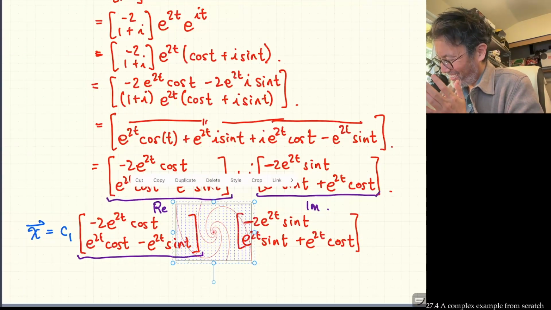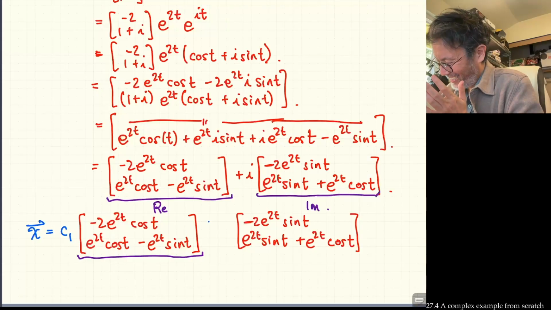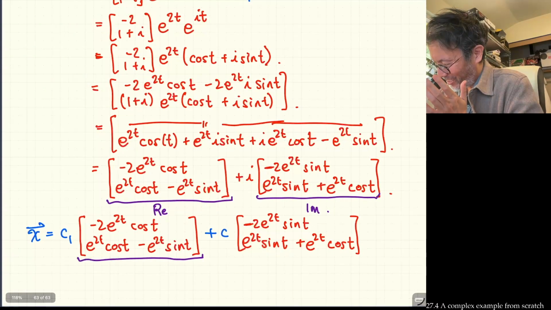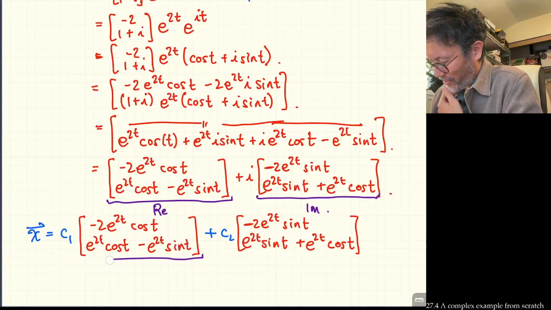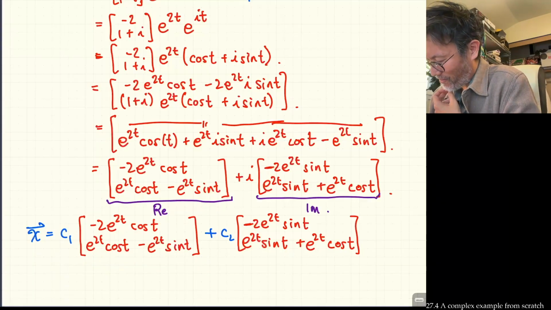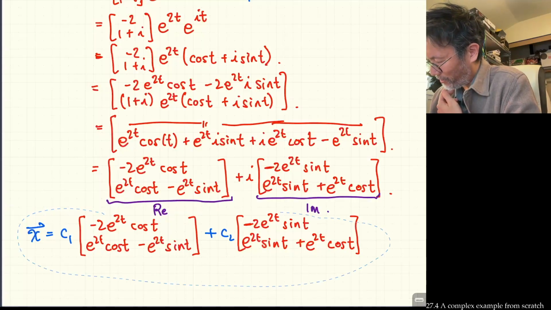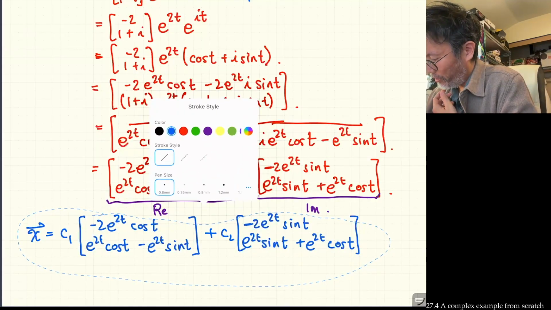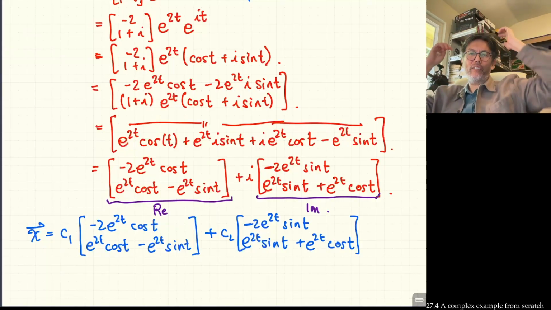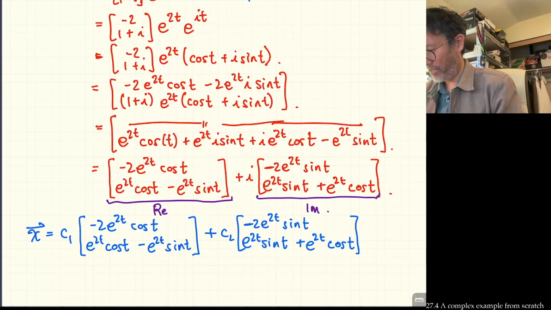Wait, stop. Plus C2 times this part. I was about to congratulate myself on what an excellent thing this iPad is, but now it's doing all sorts of funny things to me. Style blue. Look at that. Are you proud of me? Well, you can't answer, but you should be proud of me because that's right.